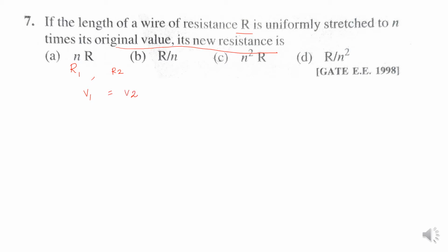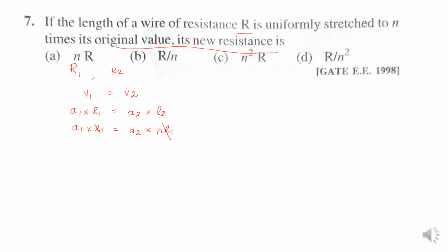V1 equal to V2. So what is volume? Area into length. Here also area into length. So this is stretched n times its original value. So now A1 into L1 equals A2 into n times the original value, n into L1.